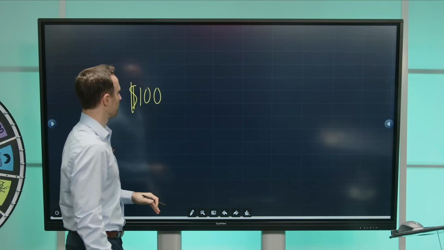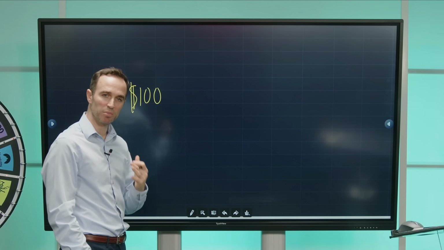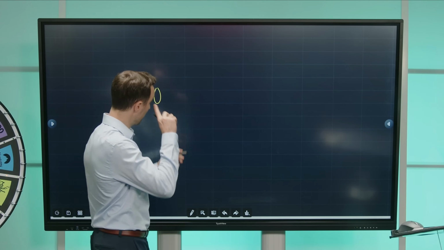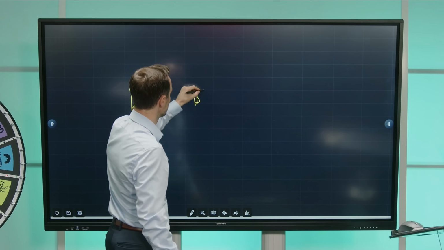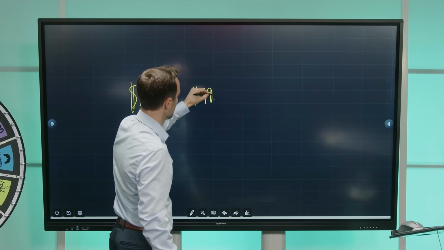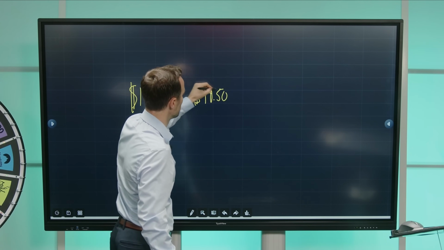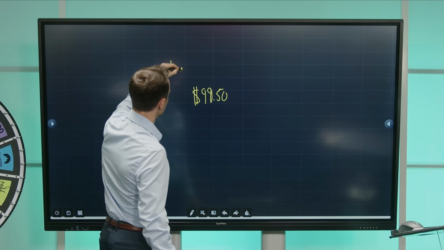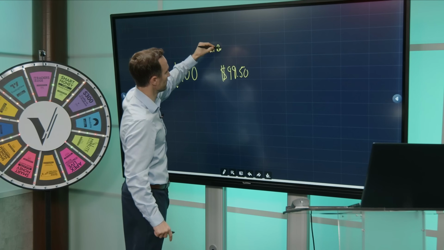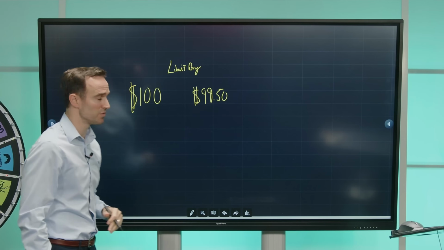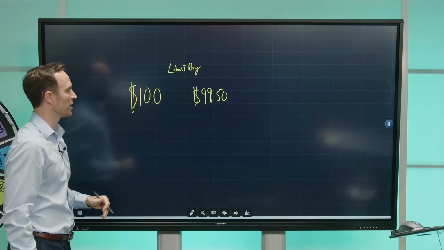And let's say that I want this stock, I want to put a buy order in for this stock at $99.50. So you'd put a limit buy order at $99.50. The stock is currently at $100.